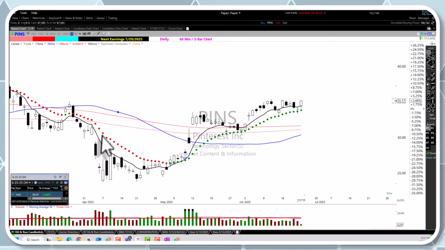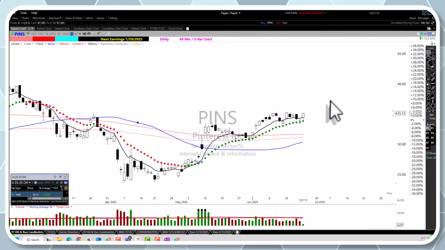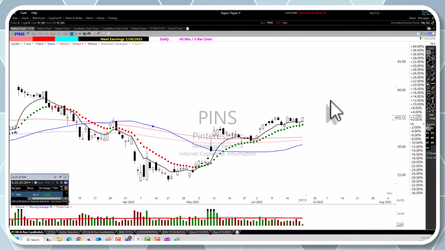Another thing is there's nothing magic about these dots. There's nothing magic about the 17 EMA. And there's certainly nothing magic about the 21 exponential or 20 simple. There's nothing magic really about any moving average. But there is magic, and the magic is how consistently you use it.